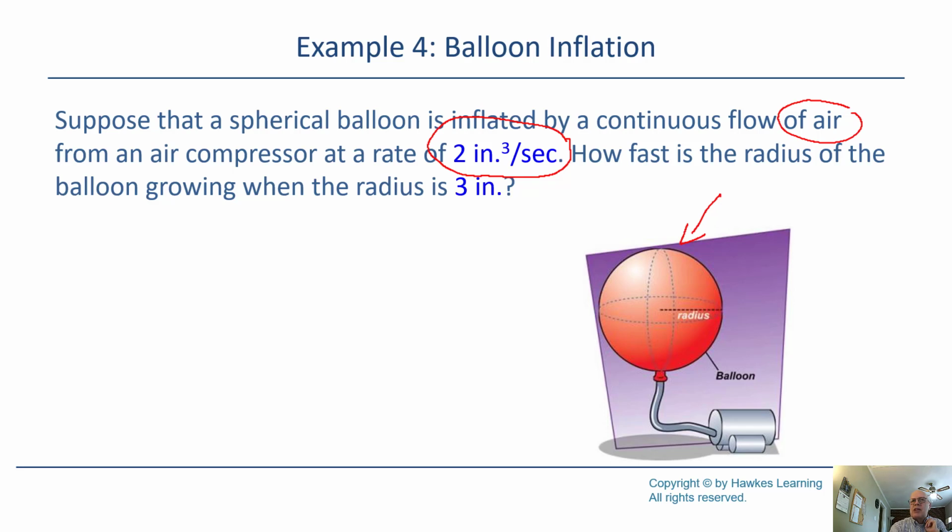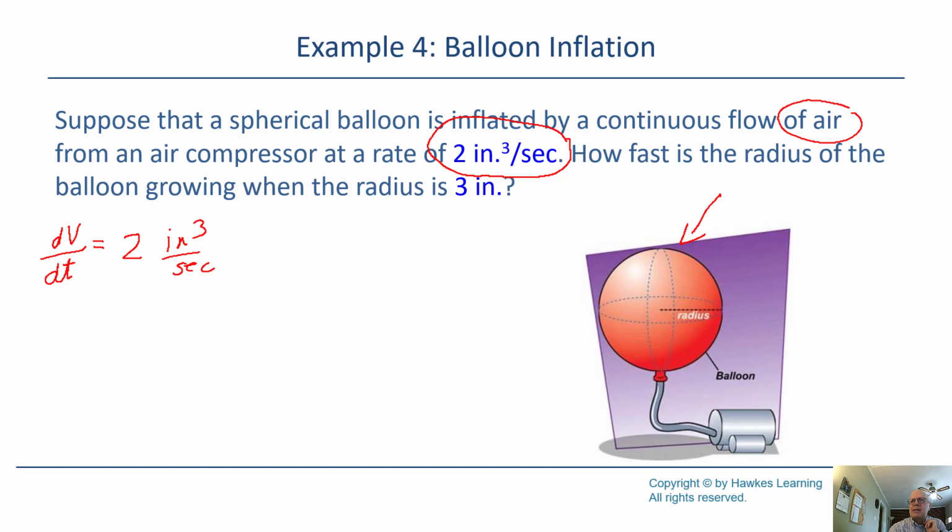So what this represents is how the volume is changing over a unit of time. So you've given us that the volume is increasing at 2 cubic inches per second.